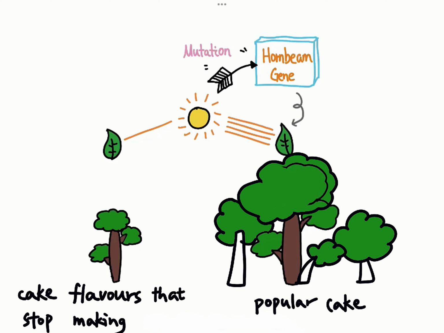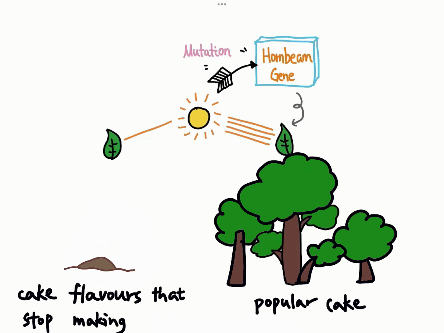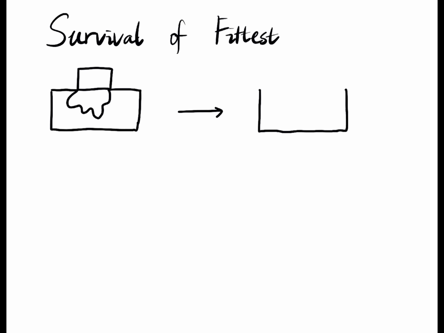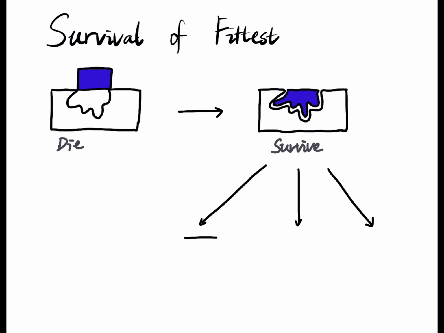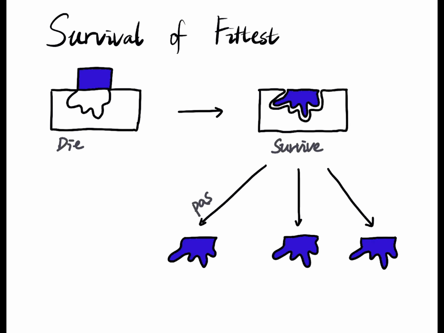Aww. So, natural selection is like the decision-making process of the bakery, choosing which cake flavor will stay and which will go. This process, also known as survival of the fittest, shapes the genetic diversity in living things by selecting the traits which give them a higher chance of survival, which can be consequently passed down generation by generation.